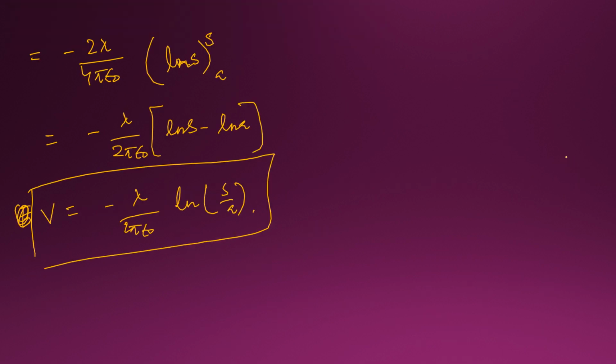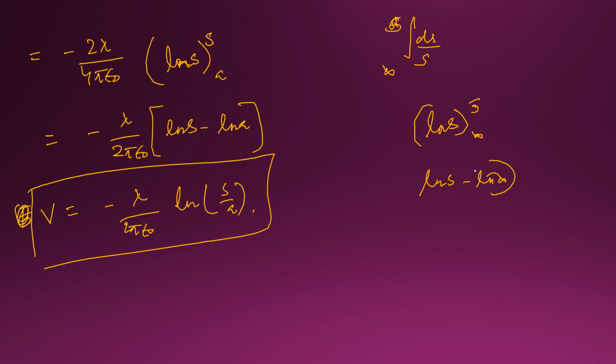That is ln s minus ln infinity. Do you know what ln infinity is? We don't have any idea what ln infinity is, so I just left it and took a point a. Is that all right? Yeah.